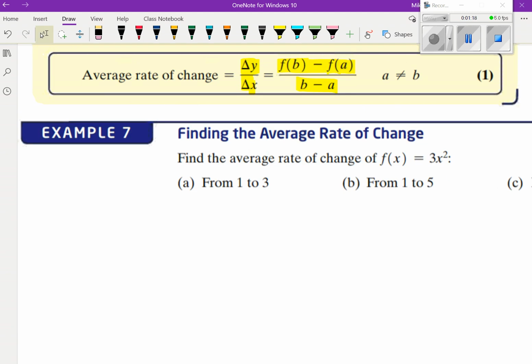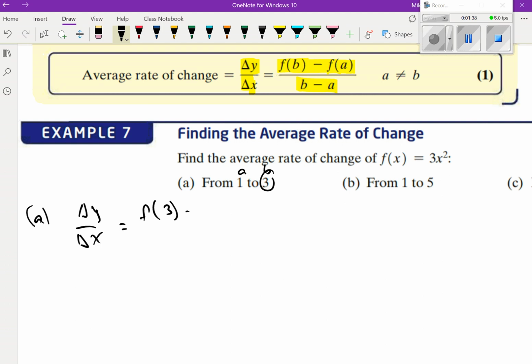Let's take a look at these items and find the average rate of change of f of x if f of x is 3x squared, and let's go on letter A from 1 to 3. So the average rate of change is going to be the change in y's over the change in x's. So we want f of b, so let's call this a, let's call that b.